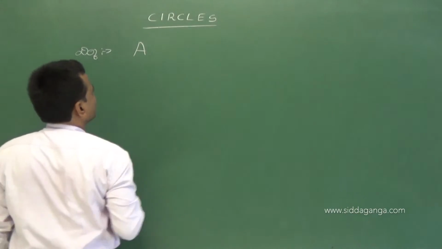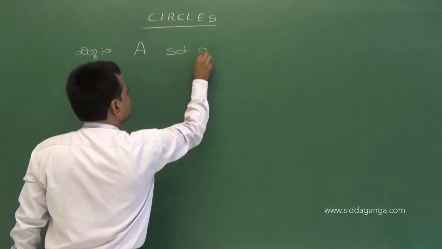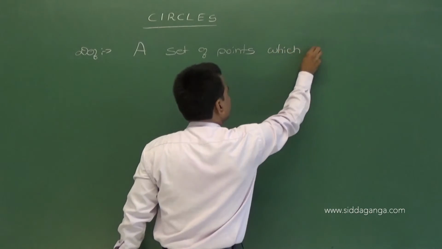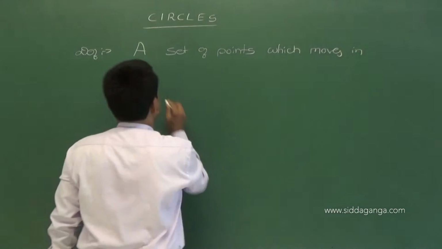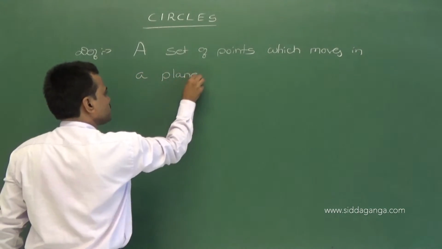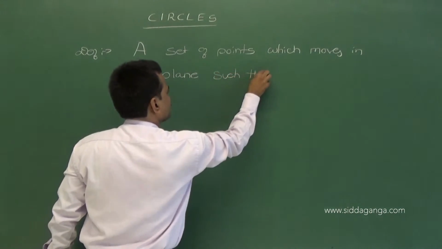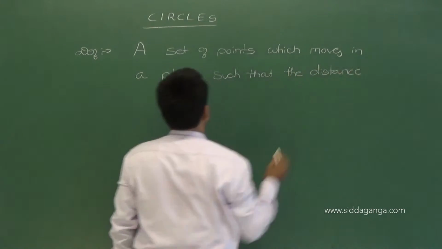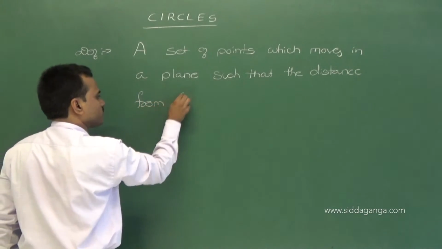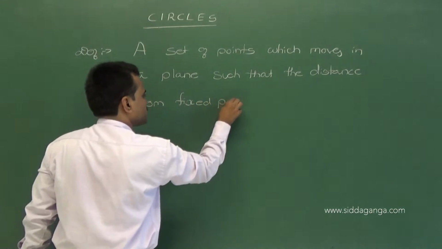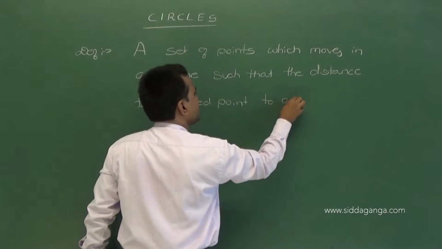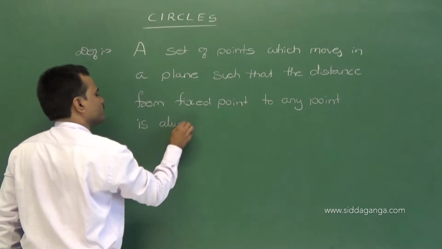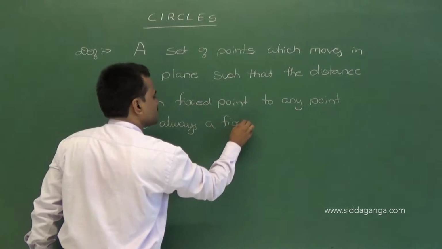Simply I say that a circle is a set of points which moves in a plane such that the distance from a fixed point to any point is always a fixed constant.